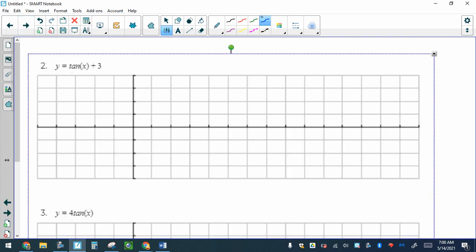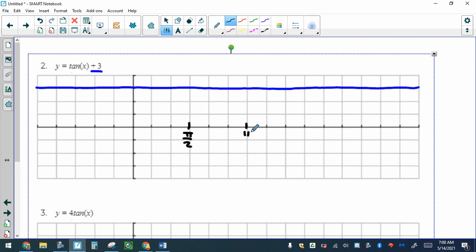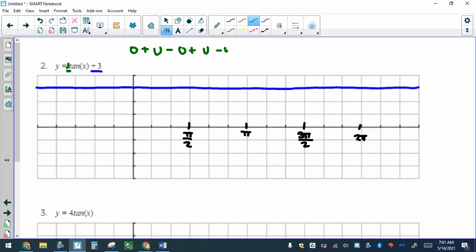So practicing some of these, the midline here is at positive 3. Label up our graph. All right, now in this case, the amplitude is 1 because there's a 1 out in front. And for tangent, remember that it's 0, positive, undefined, negative 0, positive, undefined, negative 0.